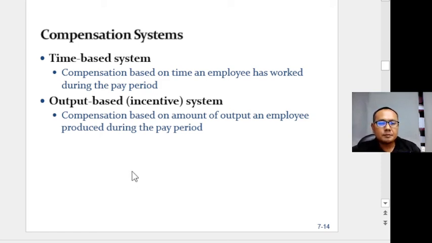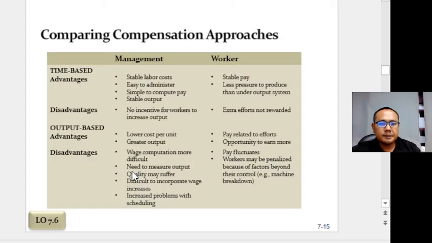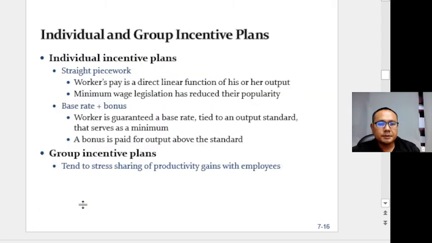Time-based system, output-based system, and some comparing compensation approaches. There is much detail in human resource management textbooks on how we can develop a compensation approach. And we can also develop group incentive plans, not only individual incentive plans.